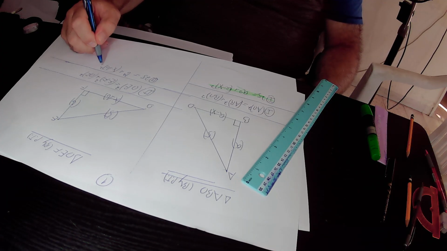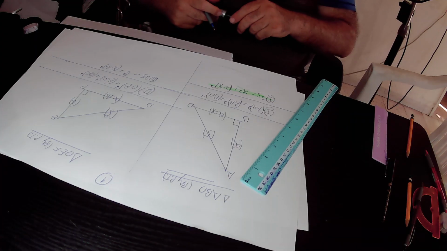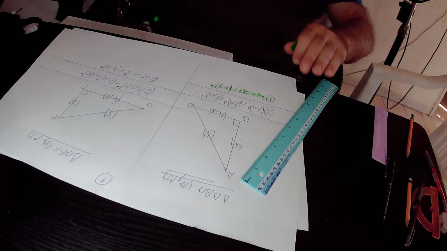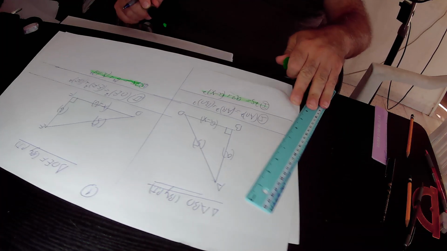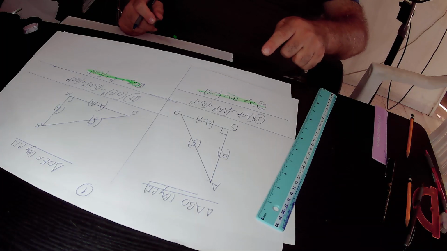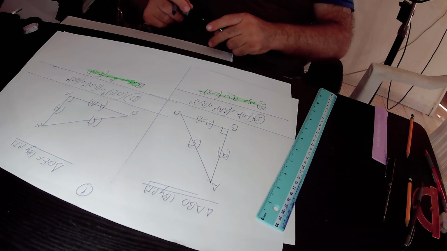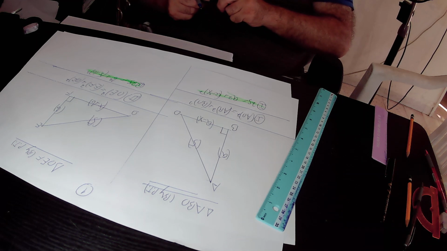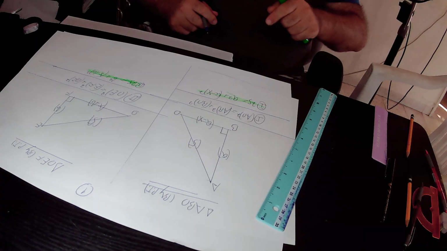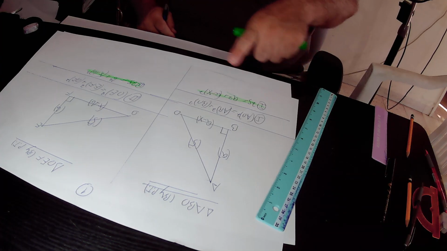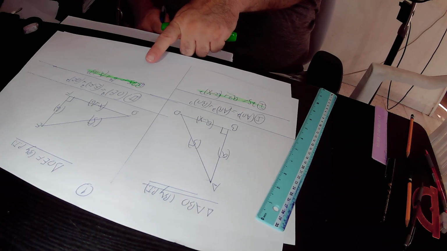So in total, according to equation 2, we should find out that 25 equals B squared plus (X plus B) squared. This is according to equation 2, and according to equation 1, we have already found out that 25 equals A squared plus (A minus X) squared. So in the next step, we get equation 3 that says that 25 according to equation 1 must be equal to 25 according to equation 2.